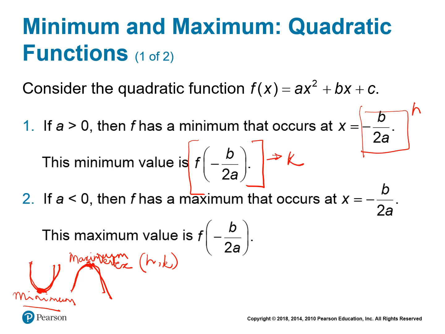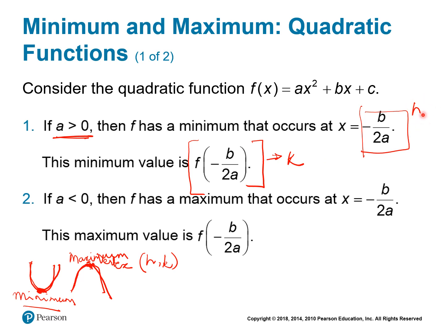So the minimum value, if a is greater than 0, let me erase this line, the minimum value if a is greater than 0 is k. All right, is k, and we know how to find k.